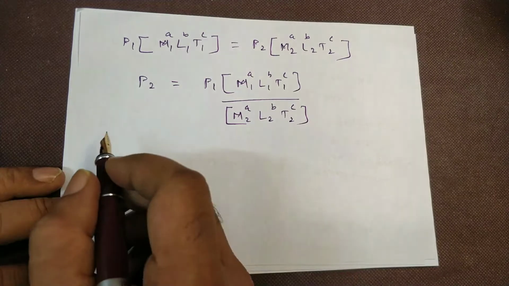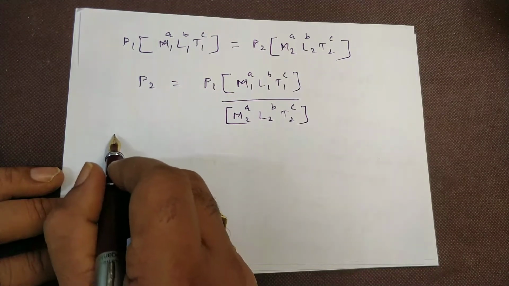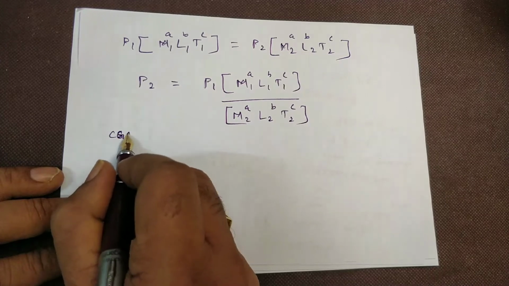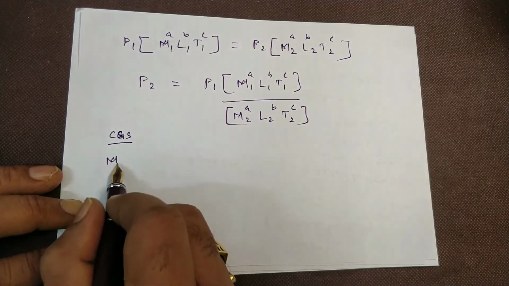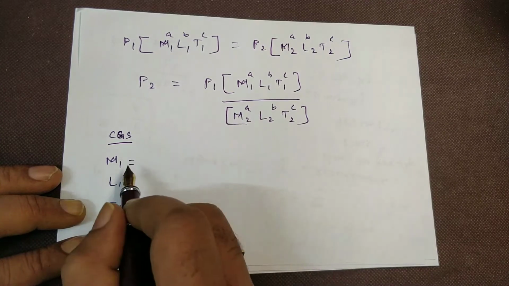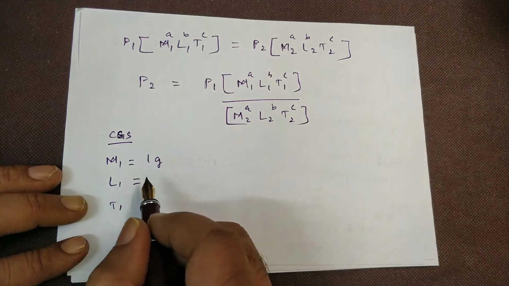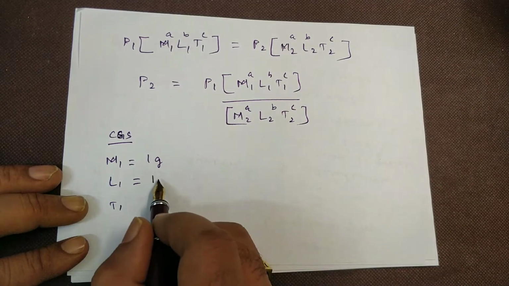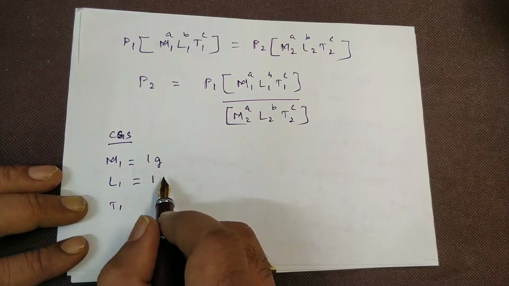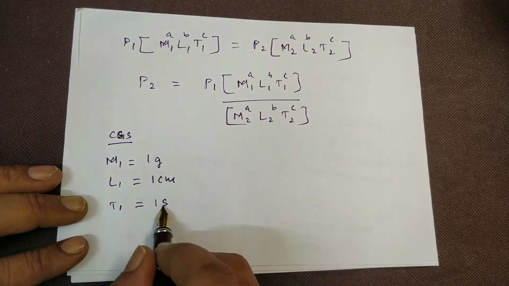So let us have M1 L1 T1 as the CGS unit. Take down CGS: M1 is 1 gram, L1 is 1 centimeter, T1 is 1 second.